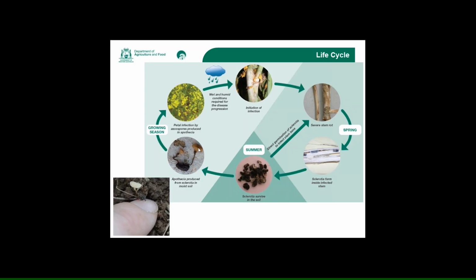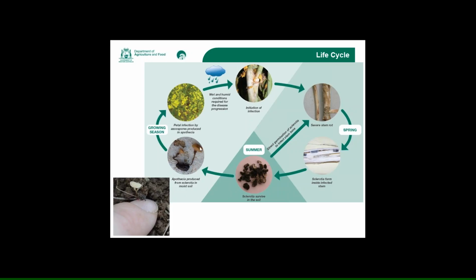It forms this little white mushroom, and eventually over time it turns kind of an orangey brown colour as it ages. So these little apothecia produce millions of ascospores. So they can travel for kilometres, and you only need like one apothecia really to infect a whole paddock, because each one produces so many spores.